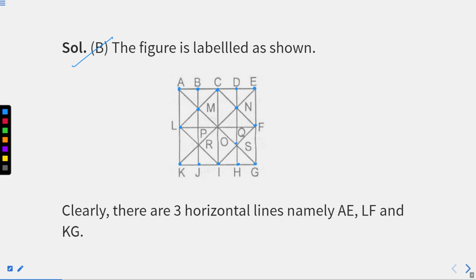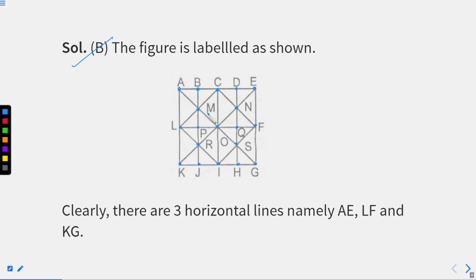After that O, P, Q, and then R will have this, S will have this, and O we have this center. Similarly, I think I have marked all the vertices. Till now I have marked all the vertices.